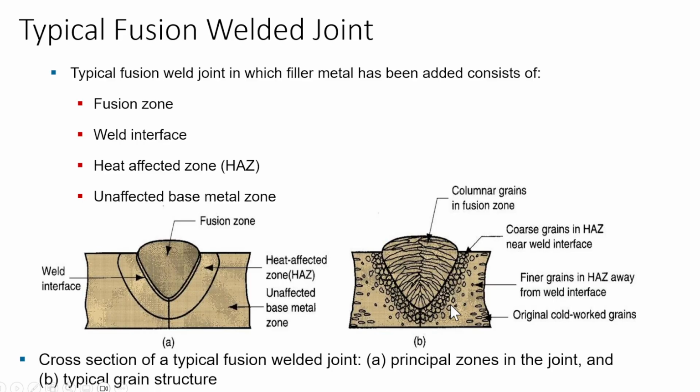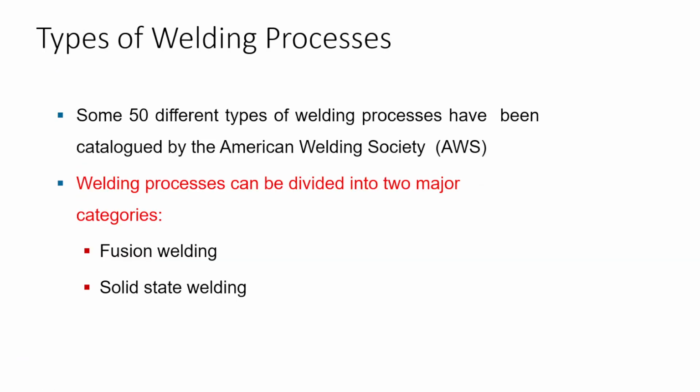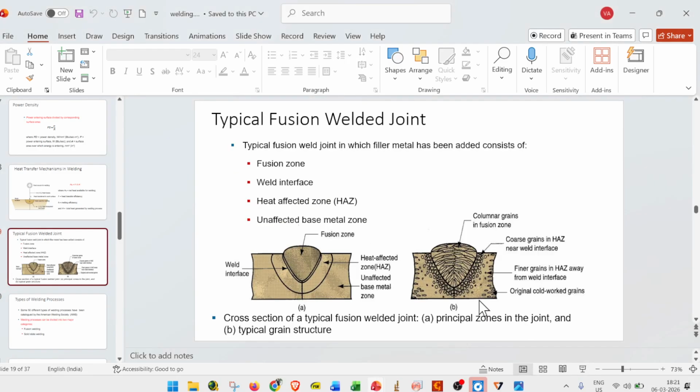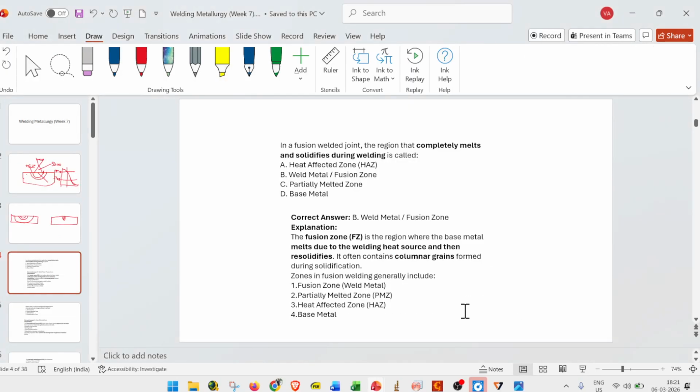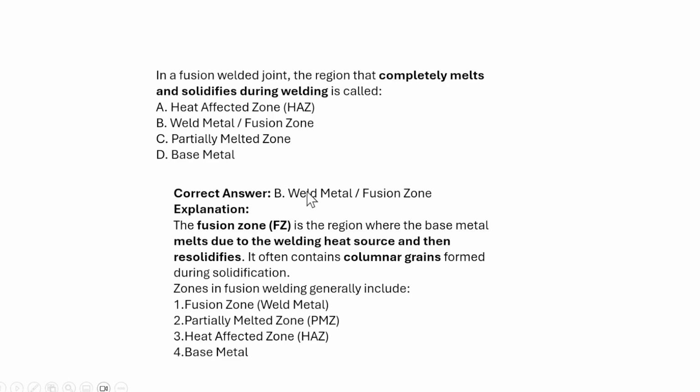The more time it is exposed to the high temperature, the more the grains merge and grow. After that, in the base material, we will not see any microstructural change. So the answer is the weld metal or fusion zone.